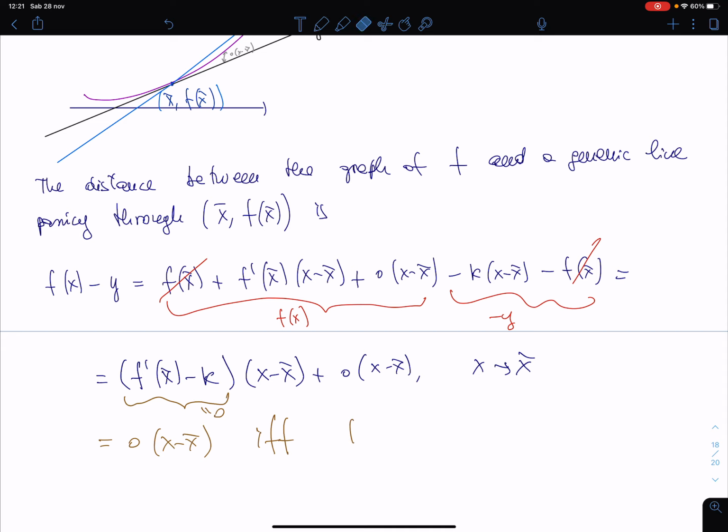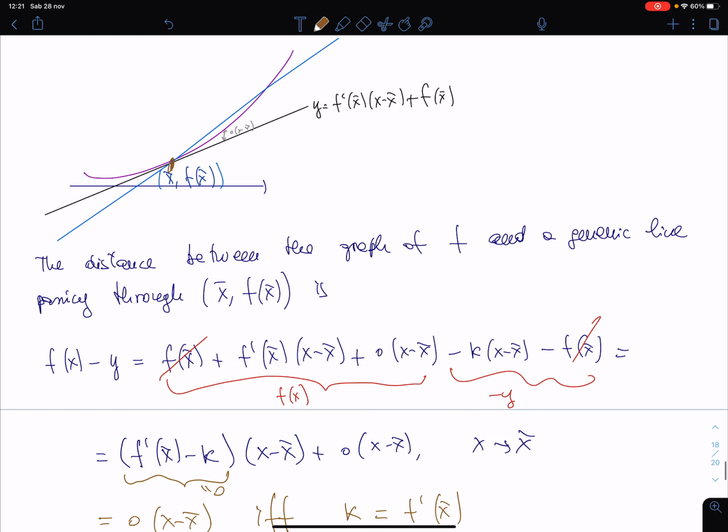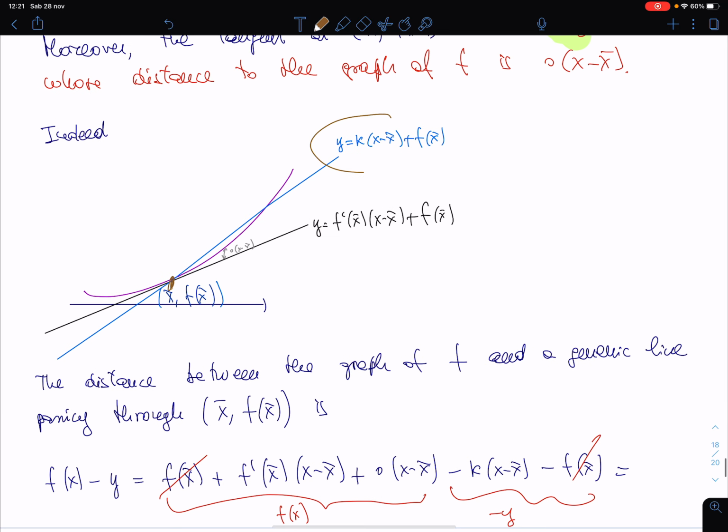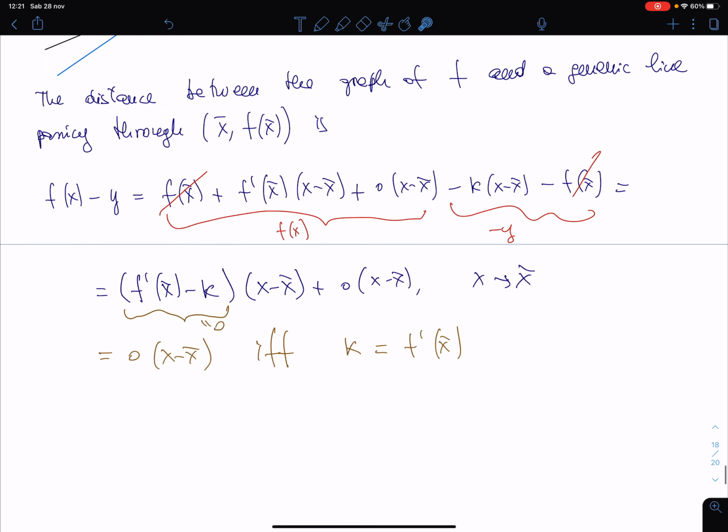if and only if k, the angular coefficient of the generic line passing through the point x bar, f of x bar, is equal to f prime of x bar. But if k is equal to f prime of x bar, then the line here is exactly the tangent.